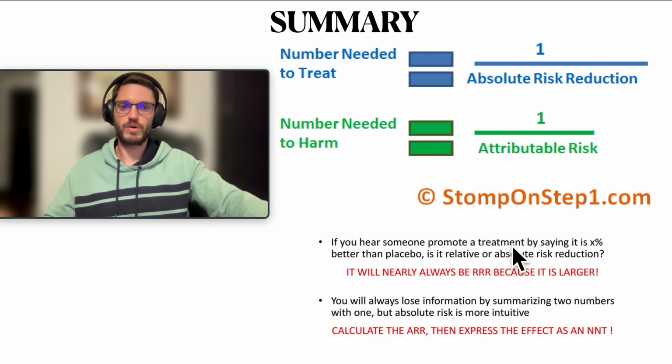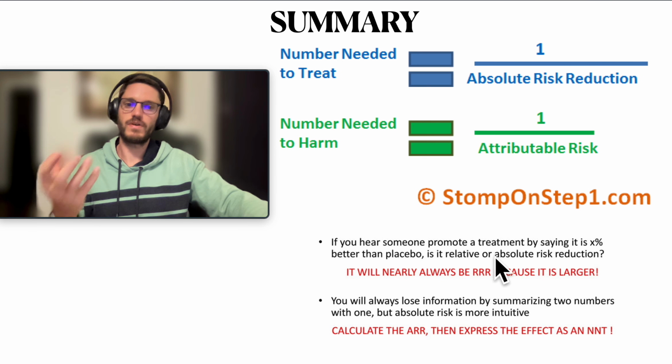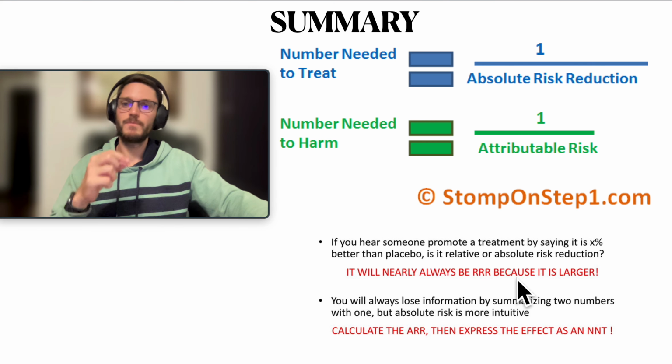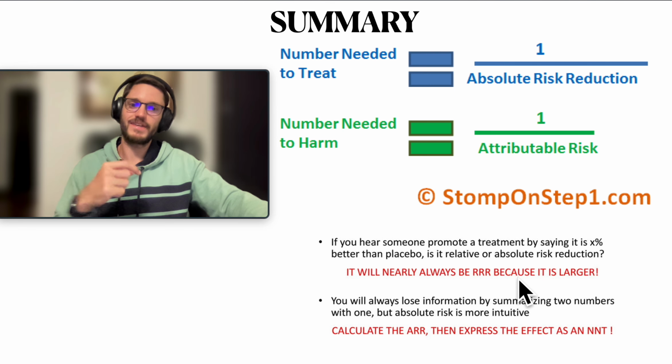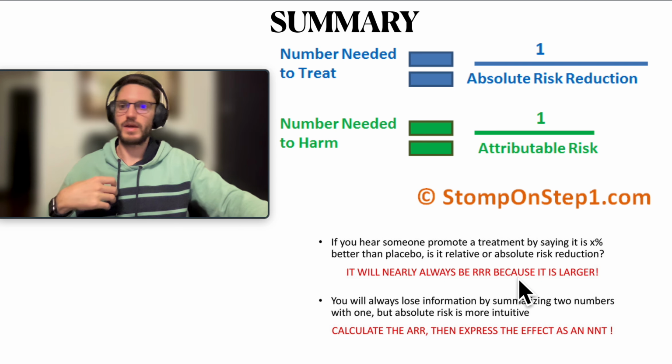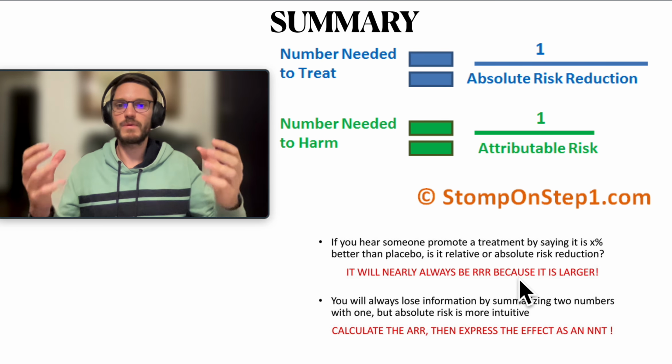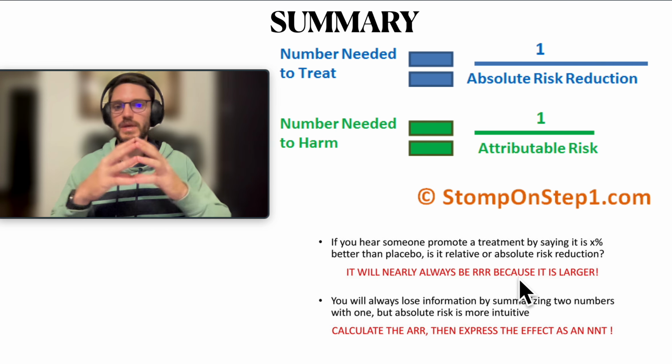And when you're going through papers and analyzing evidence, remember that if you hear someone promote a treatment by saying it is X% better than placebo, are they talking about relative or absolute risk reduction? That's an important point, because usually relative risk reduction is an even larger number, but in the end it's the same effect. So don't be fooled.